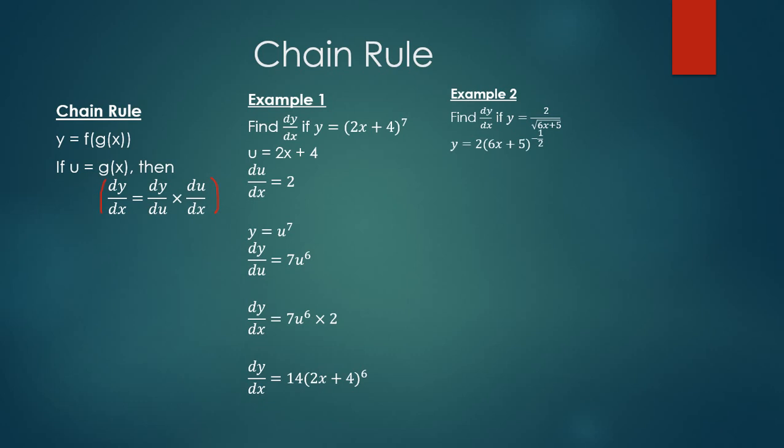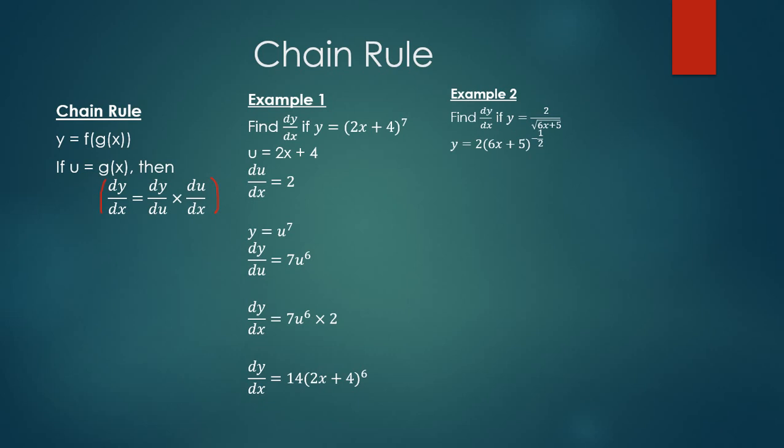So rewriting, we have y is equal to 2, in brackets 6x plus 5, raised to the negative half. I am sure you all remember that the square root means we're raising it to a half, and when we rewrite the root of 6x plus 5 from the denominator to the numerator, we change the sign of the power, right?